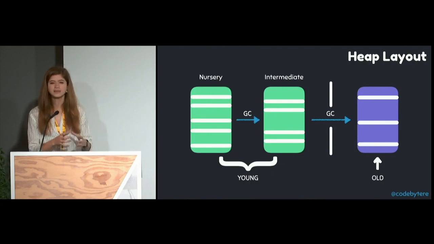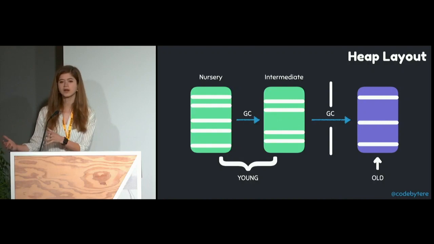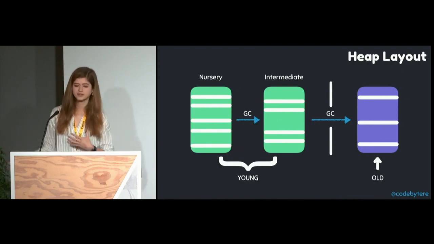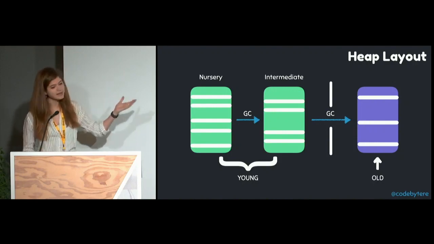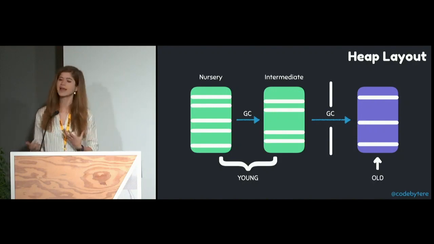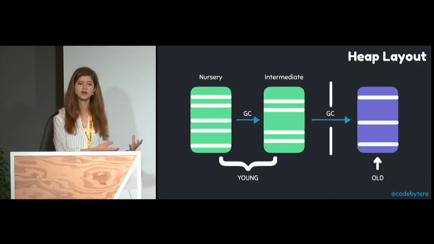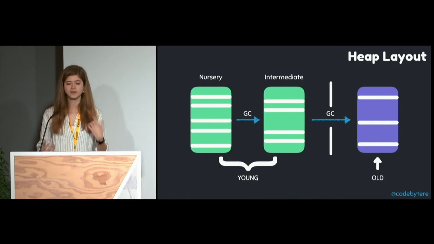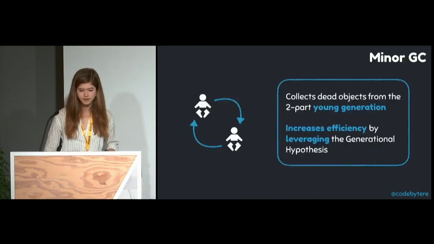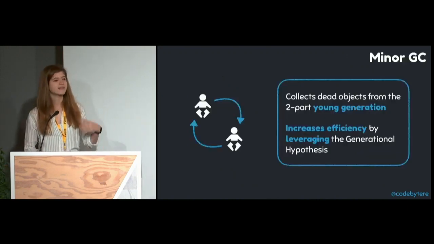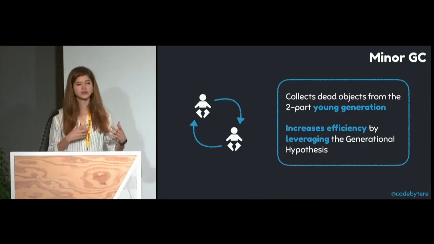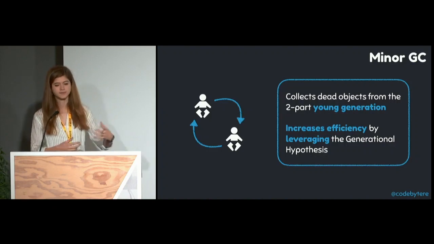So the V8 heap splits itself into what are called generations in order to exploit what the generational hypothesis tells us about object lifetimes. Here, we can see a slightly simplified diagram showing us the layout of the heap. The younger of those two generations is itself split into two parts, for reasons that I'll explain in a second. Objects start out in the younger generation and are moved through successive generations every single time a garbage collection occurs.